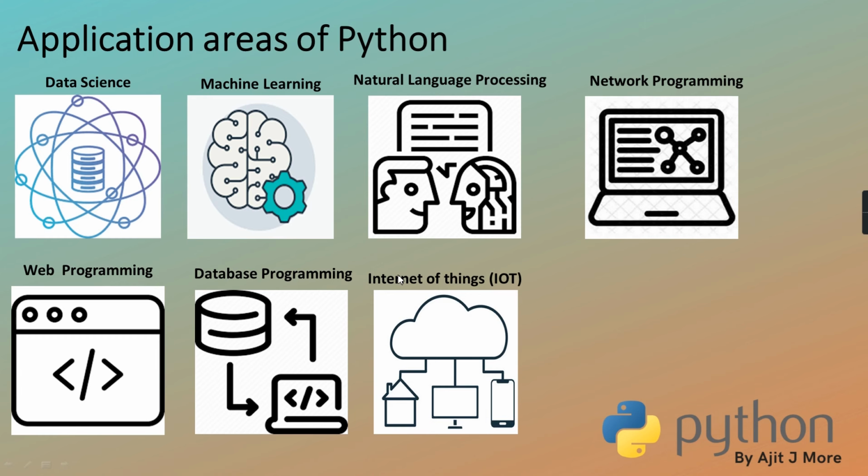Then IoT. I haven't explored it yet, but I know that Python has penetrated the Internet of Things also. There are some ready kits available, like Raspberry Pi, and on those kits you write programs, through which you can control different electronic devices like home security systems, your TV or your AC, everything through your cell phones. Obviously some hardware interfacing is needed.